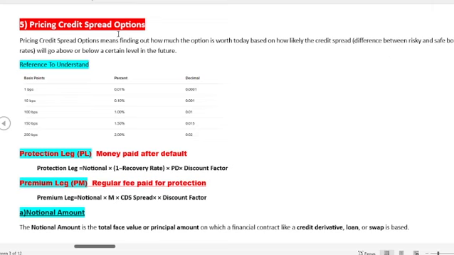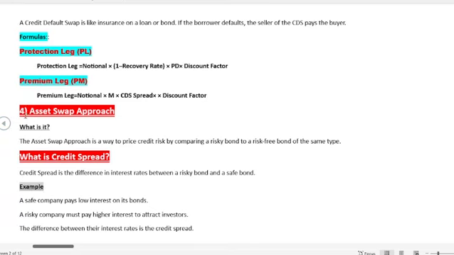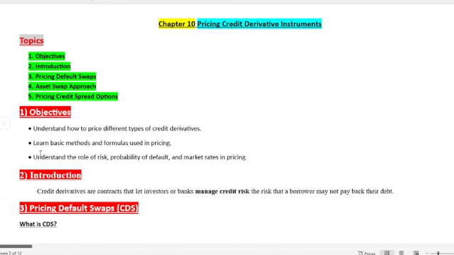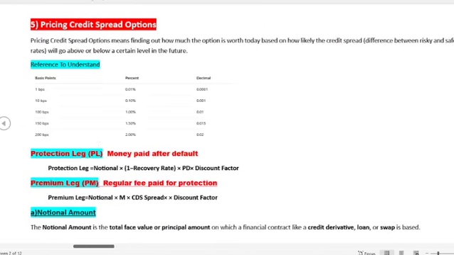The main part of pricing a credit spread option is how much the rate will go up or how much the rate will go down in the future. That's what pricing a credit spread option is. This is also a reference for topic number 3, pricing default swap.